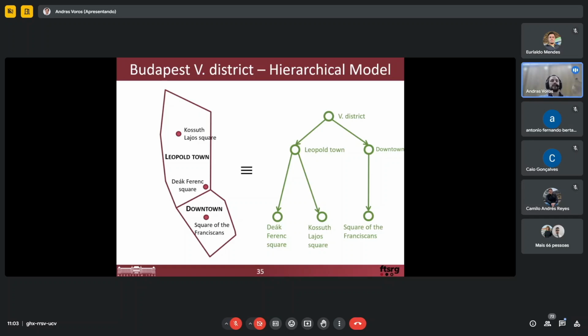So you have this hierarchical model with that graphical representation. And whenever you are developing these systems engineering models, you will have a quite similar representation to what you have on the right side.